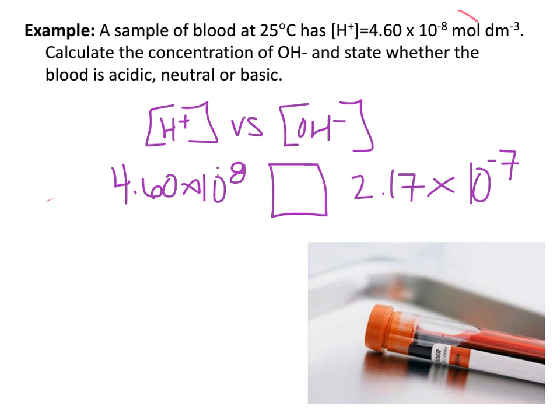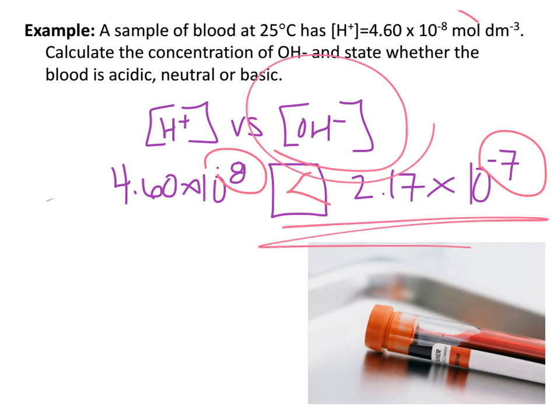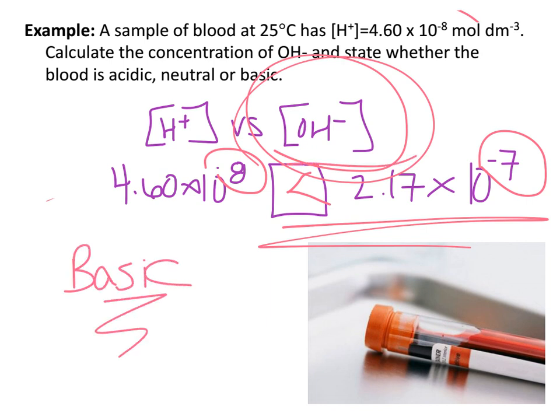And if you look at the exponents, we can see our answer. The 2.17 is greater, so we would have our sign facing that way, meaning the hydroxide is the winner, and therefore it is basic since the hydroxide ion concentration is larger. More of a basic ion leads to a more basic solution.